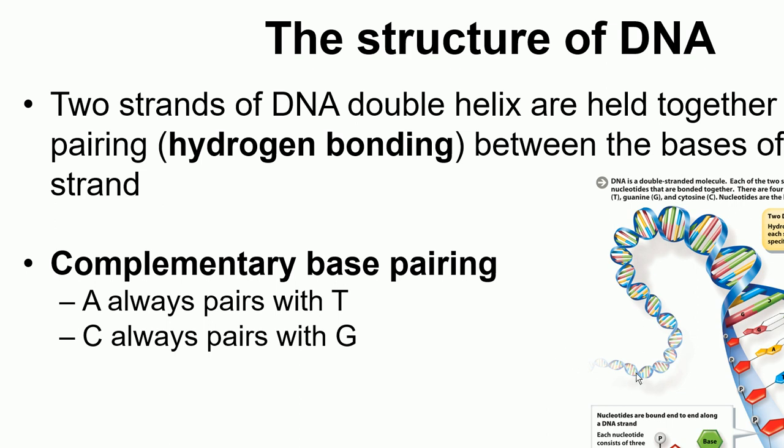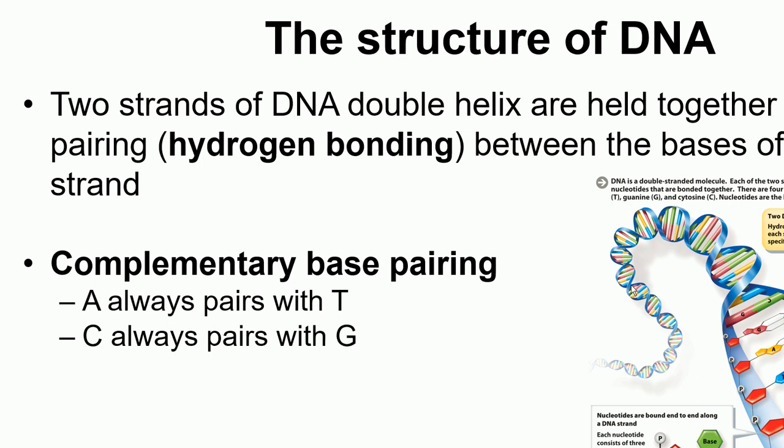Looking at this one strand, you can see here is C, here is T, here is A. In every nucleotide the sugar is the same, the phosphate is the same, but what is different is the nitrogenous base.